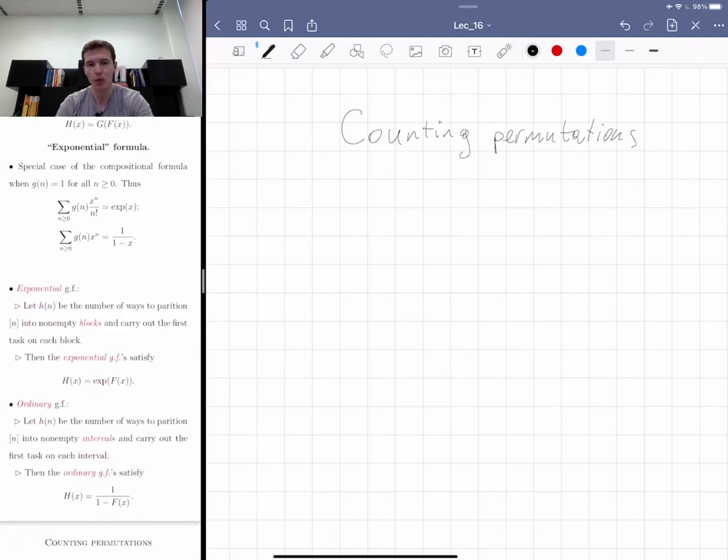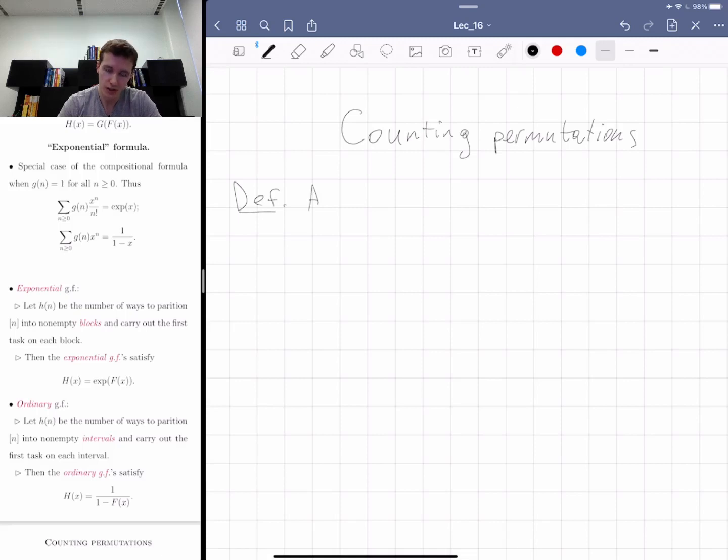Well, you can find what I'm going to explain in the Stanley book, but I think it's not in the Bona book. So we already know that there are n factorial permutations, but I'm going to count various specific kinds of permutations. The one I want to start with, the definition is very simple.